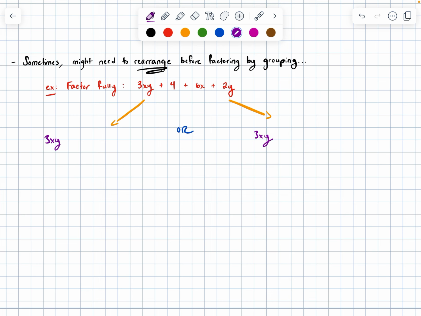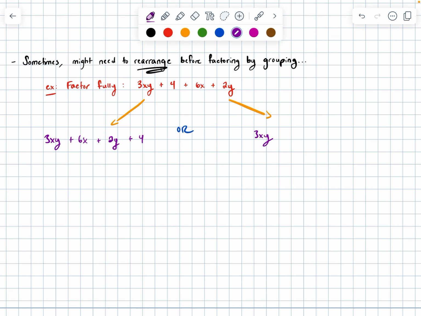But let me now rearrange so that if I'm in standard form, I can put 6x before 2y, because x comes before y in the alphabet, and then throw my constant term of 4 at the back. The other grouping that you might have chosen, maybe you chose to pair the 3xy with the 2y and the 6x with the 4. Let's show that either grouping gets us to the same answer either way.